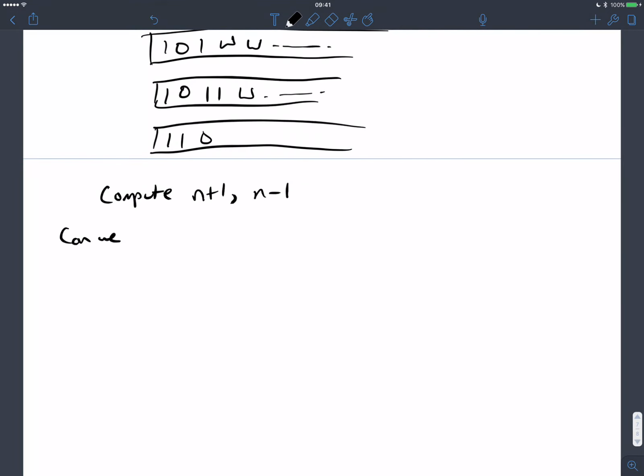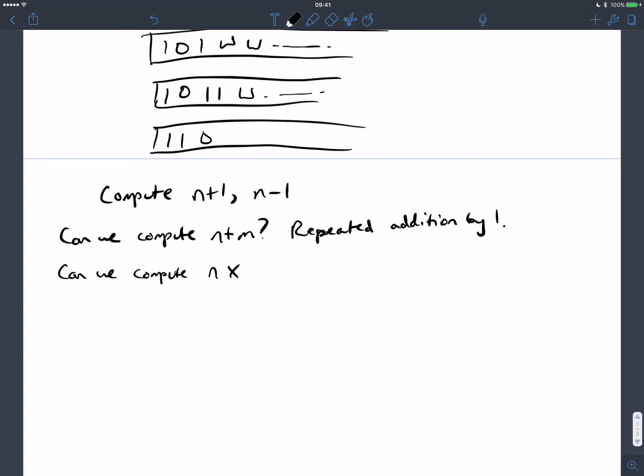Can we compute n plus m? Yeah, it's just repeated addition by 1. Now let's start getting wild. Can we compute n times m?